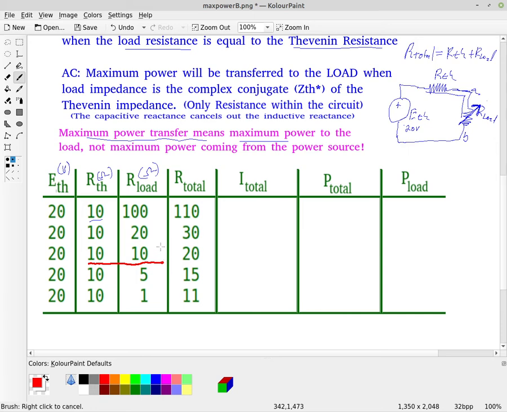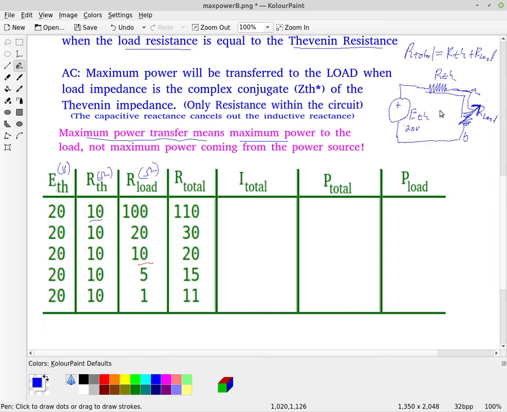That's what the maximum power theorem tells us. But I'm going to look at these different values: 2 different values above and 2 different values below the maximum value.